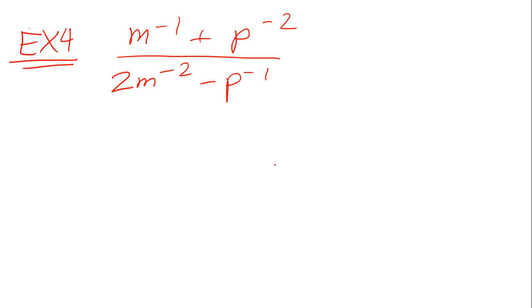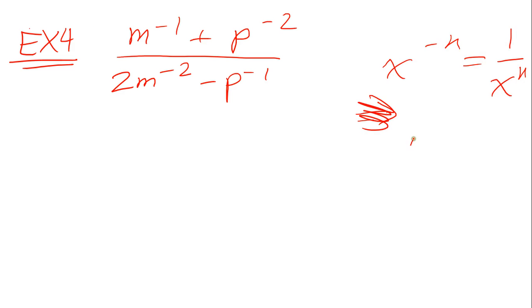Alright, so basically, remember, if you have x to the minus n, that's just equal to 1 over x to the n.